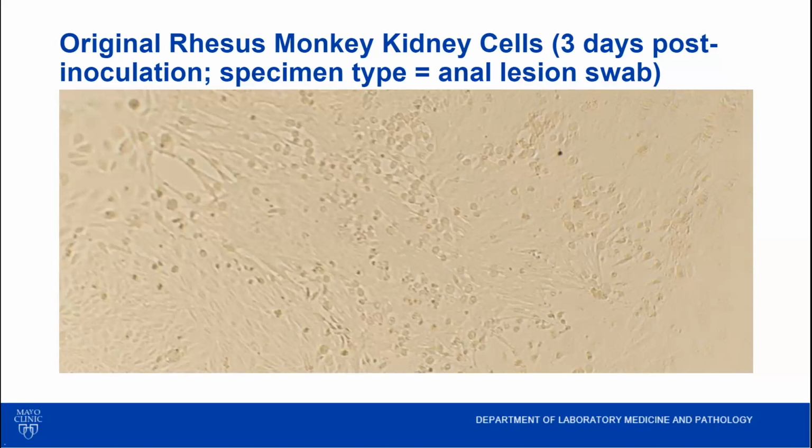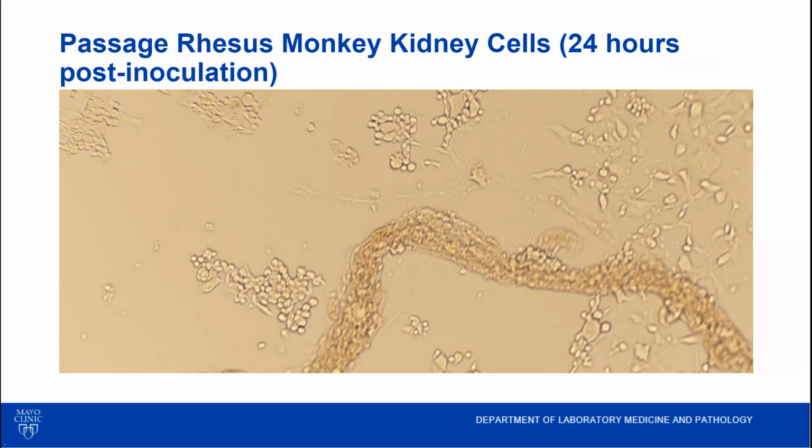What we would do in this type of a situation is, after those initial cells showed that cytopathic effect, the lab staff would then passage those cells into fresh, uninfected Rhesus monkey kidney cells. And this is what we saw in those passage cells.